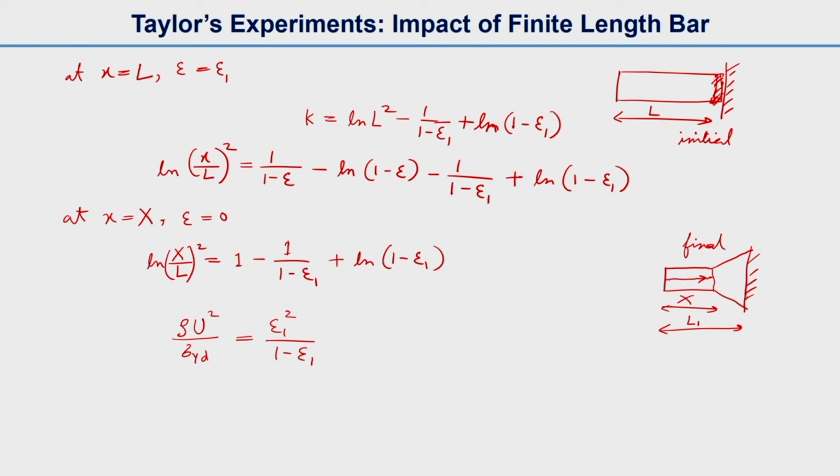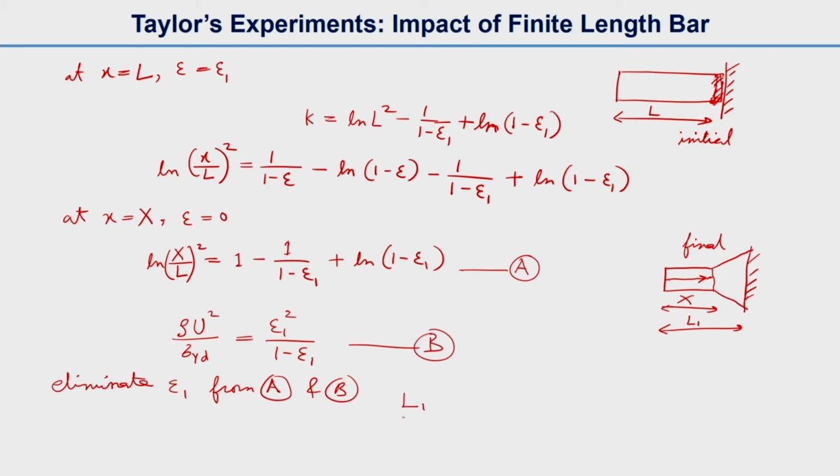Now if we eliminate epsilon 1 from these relations, a and b, we will end up with an expression for L1 by L. We can find L1, that is the final length, divided by L, as a function of rho capital U square over sigma yd.